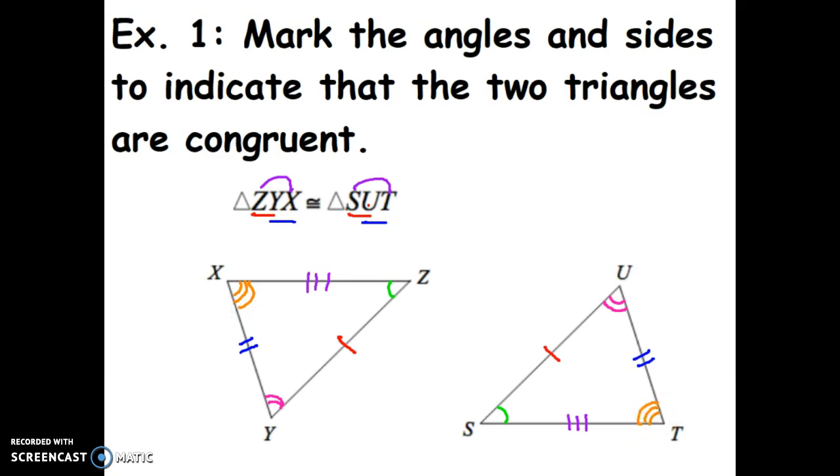So it's best that you just go in order for the angles. And then for the line segments, you do the first 2 letters, the last 2 letters, and then the first and last.